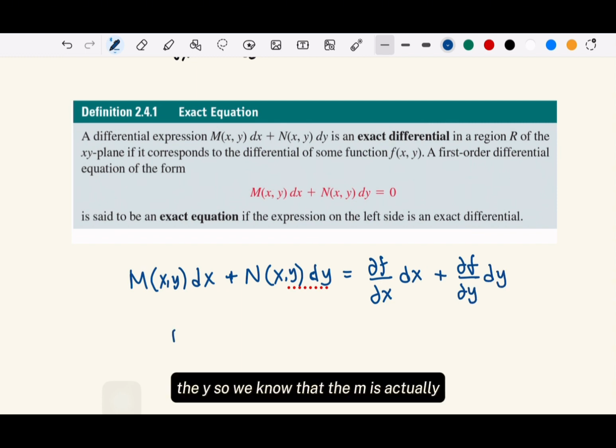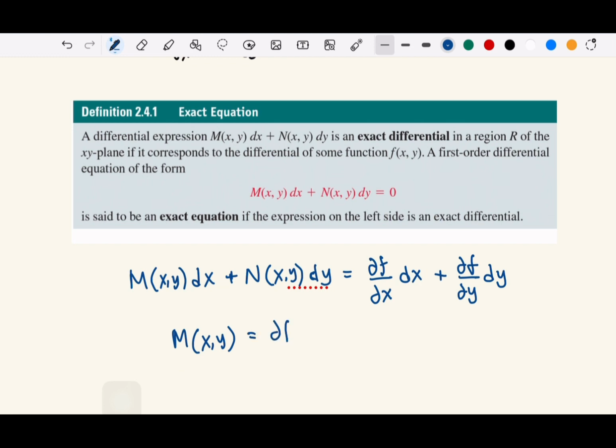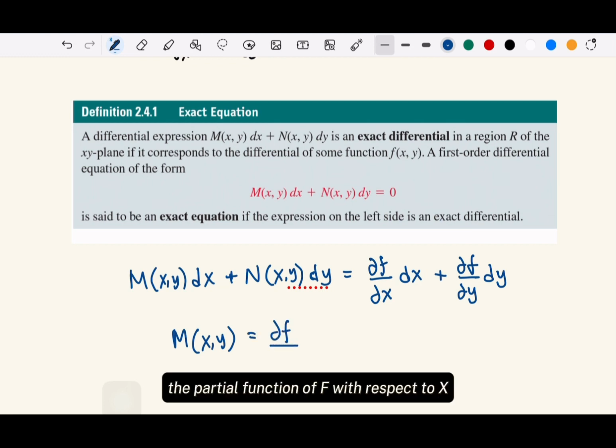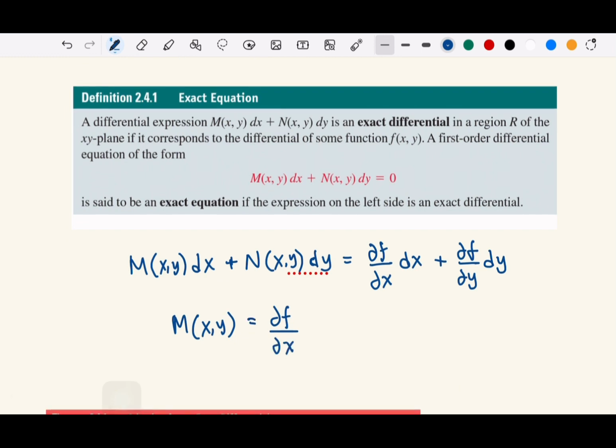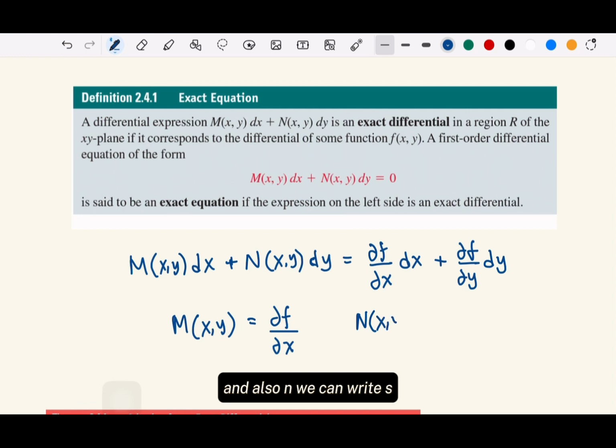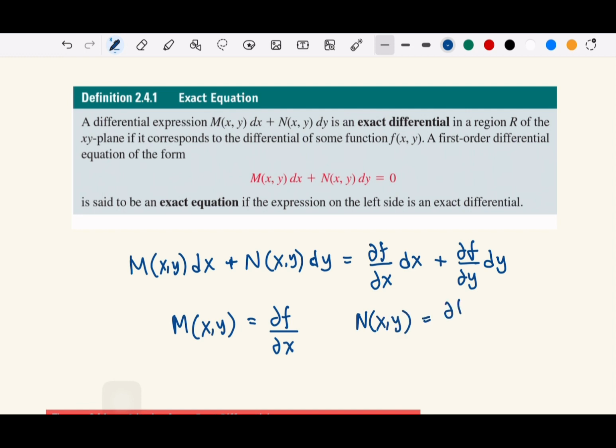So we know that M is actually the partial derivative of f with respect to x, and also N we can write as the partial derivative of f with respect to y.